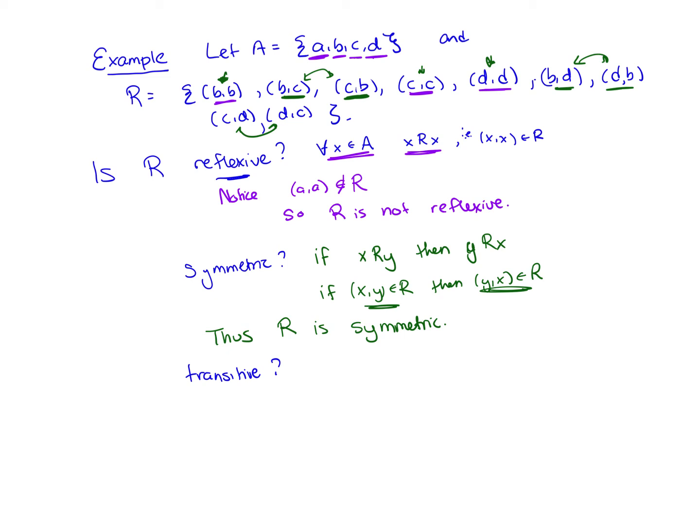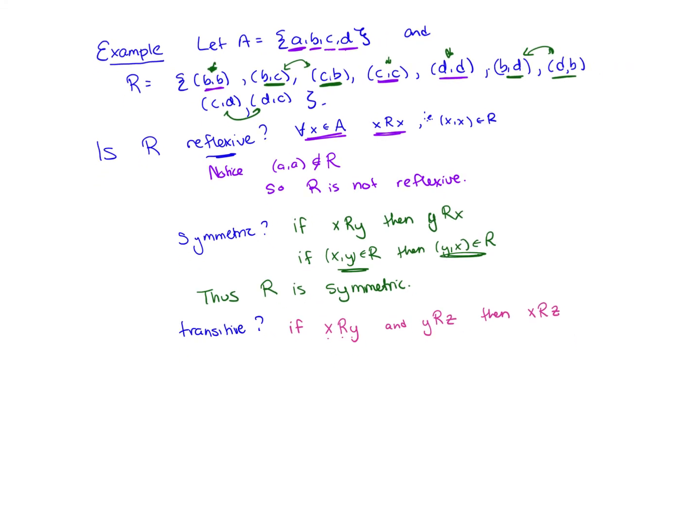Finally, we want to check transitivity. So that says if you can pair things up. If X is related to Y and Y is related to some Z, then X is related to Z. So if I can chain things together, then when I put them together, I get that.